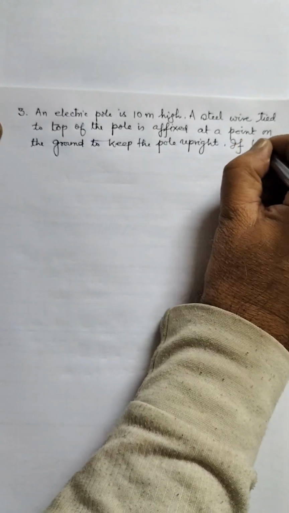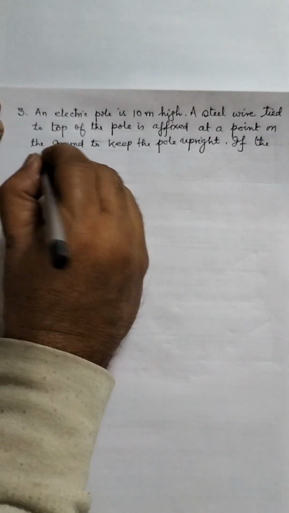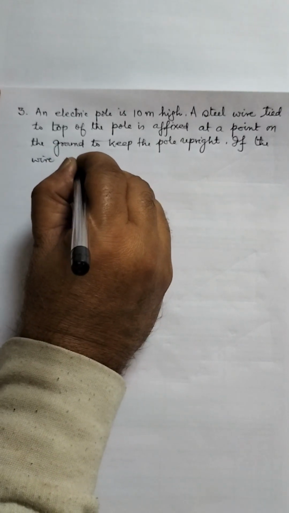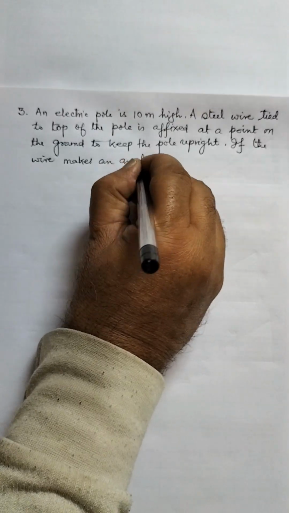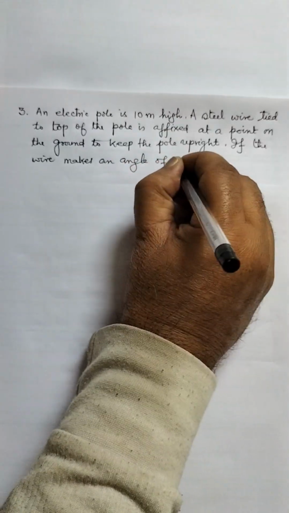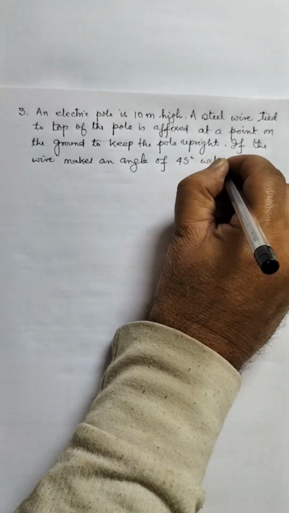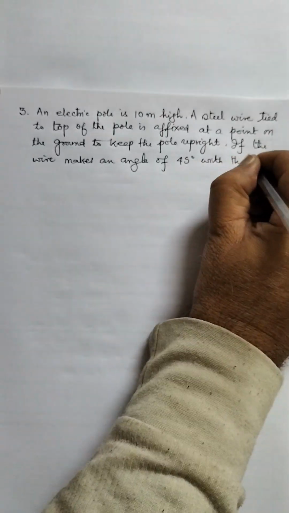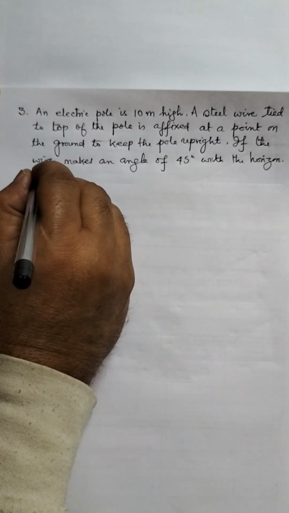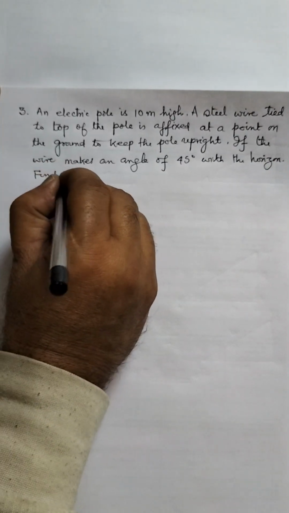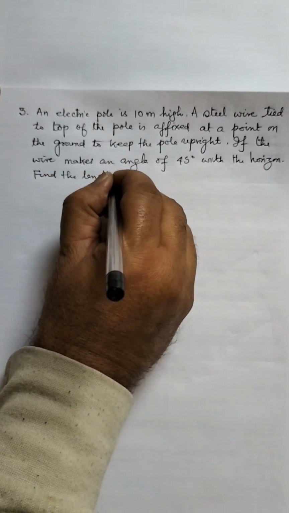If the wire makes an angle of 45 degrees with the horizon, find the length of the wire.